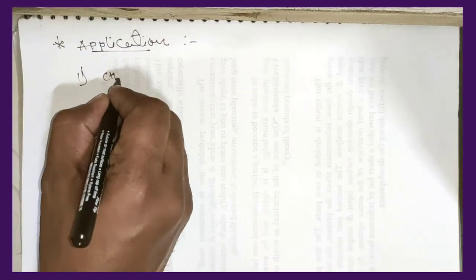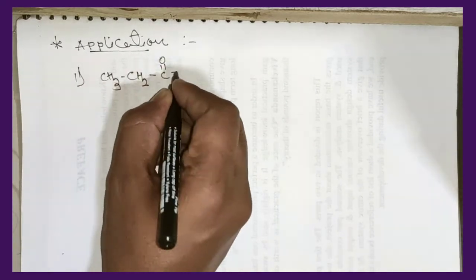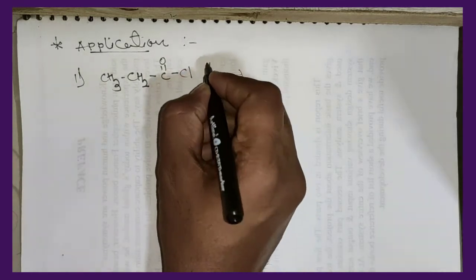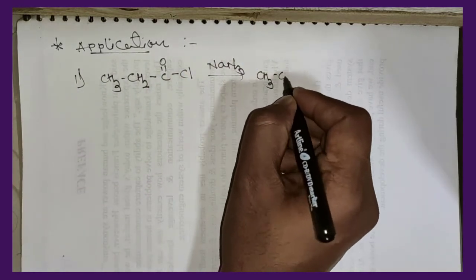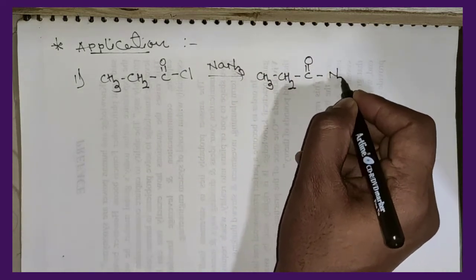Let me move towards the application part. Here CH3, CH2, C double bond O, Cl. Suppose our starting material is acyl chloride. As we know, we require azide as a reactant for this reaction. So first it reacts with the azide and is converted to the azide part, here N3.